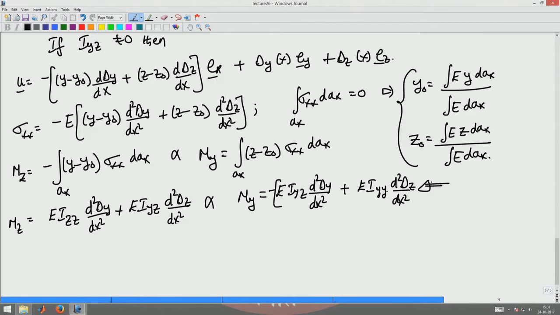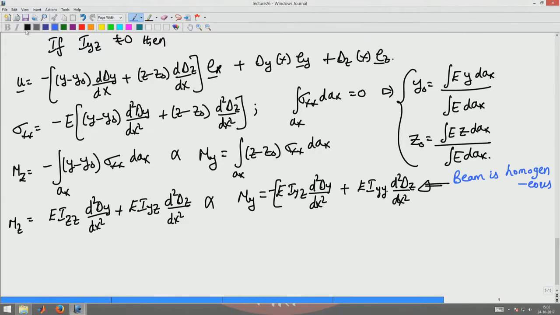This assumes the beam is homogeneous, that is, it is made of the same material, and there is no difference of materials in tension and compression.